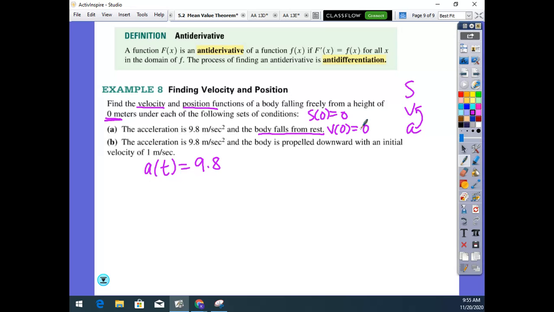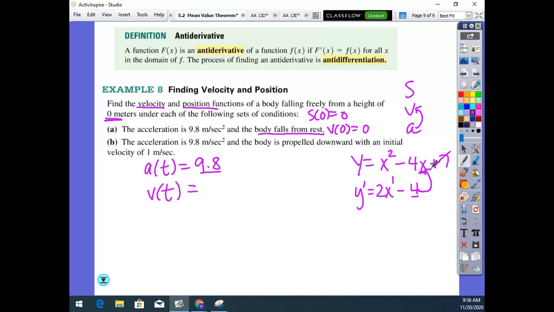All right, so if I want to go backwards, my antiderivative, 9.8 would be the derivative of what? Constants, let's think about this. Like y equals x squared minus 4x plus 7. When I do the derivative, what do we do? We drop the exponent and subtract 1. If it's just an x, we just need the constant, and the constant goes away. So if we begin with a constant, the constant is the derivative of what?